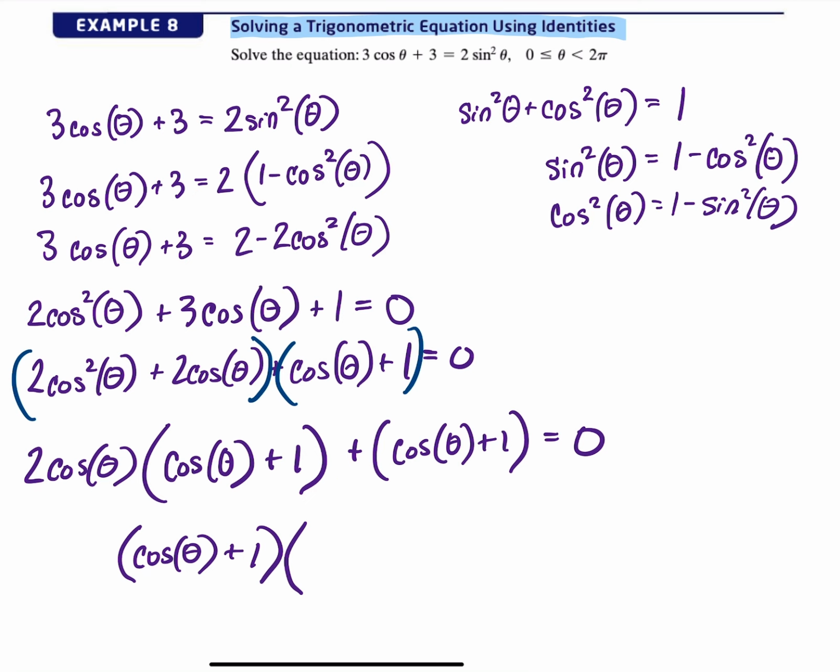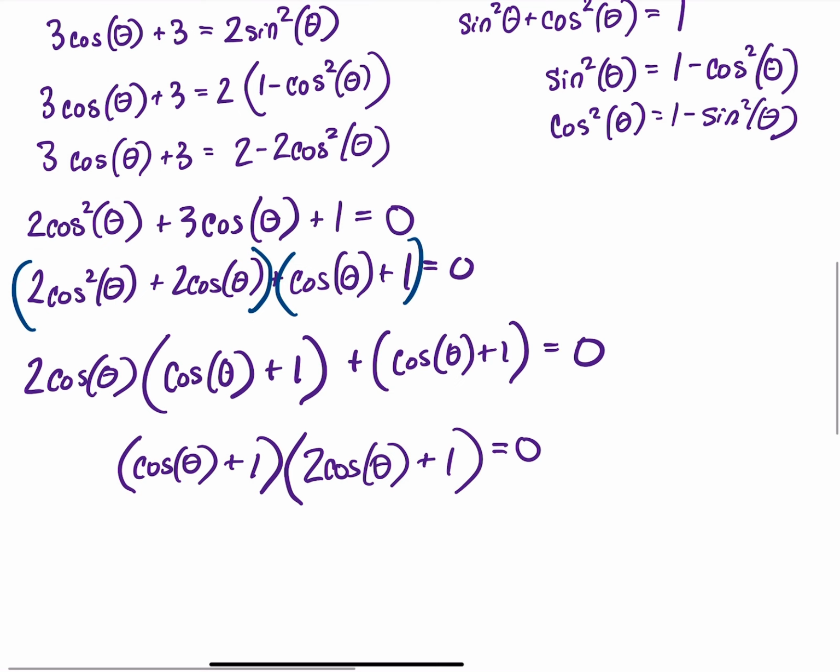So the first one is 2 cosine theta, and the second one would be plus 1. So setting these separately equal to 0, I can say cosine of theta plus 1 equals 0, or 2 cosine theta plus 1 equals 0.